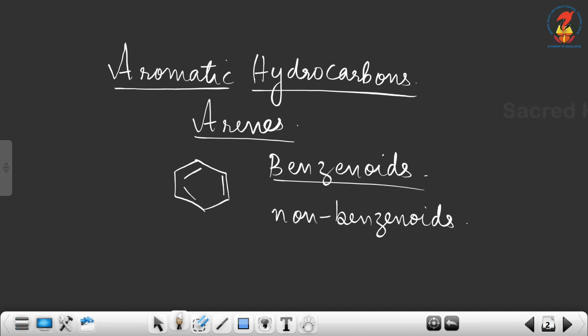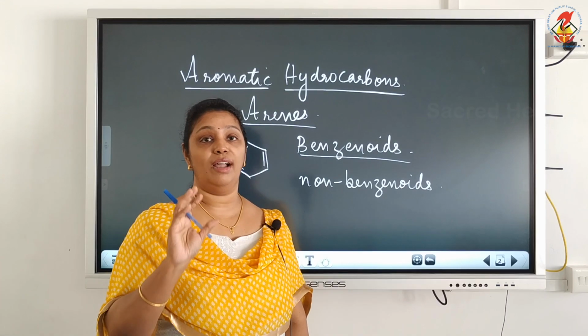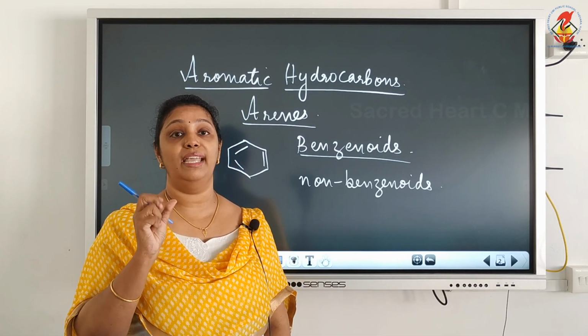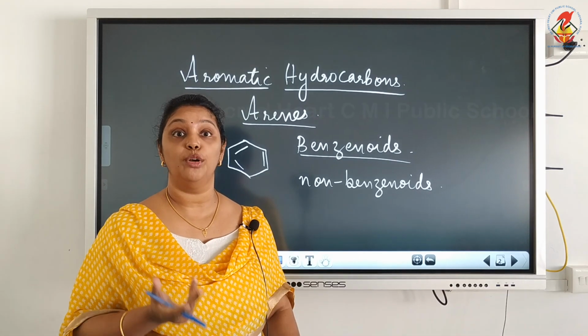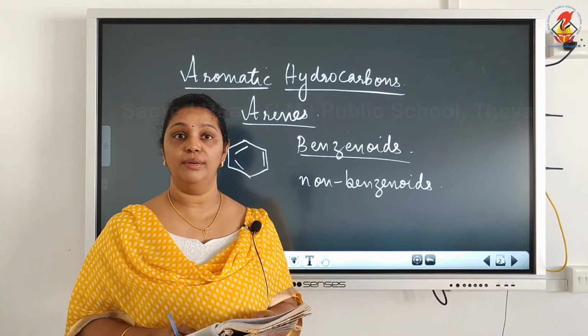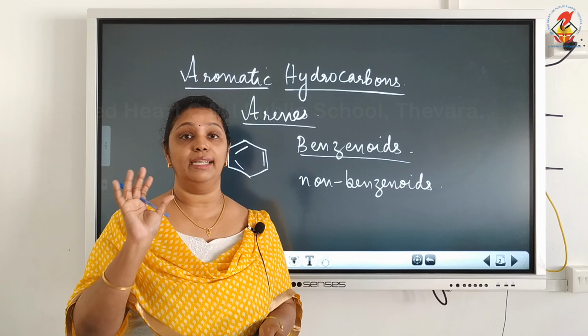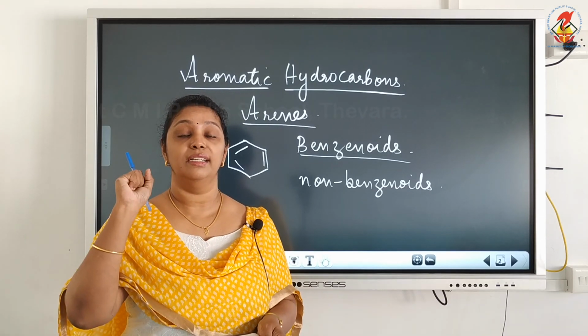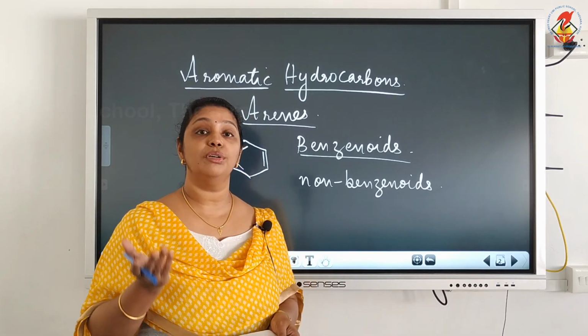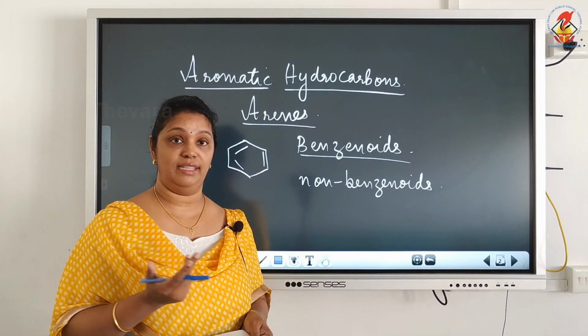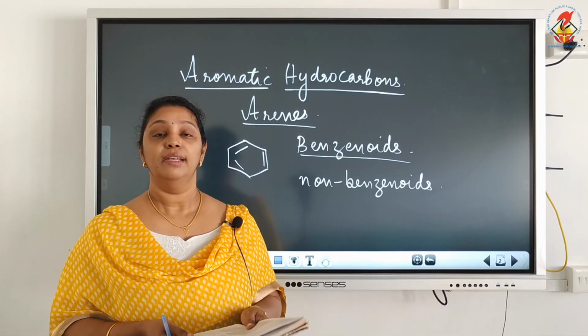And the word aromatic is given because these benzene compounds have a characteristic odor. So, they are given the name aromatic hydrocarbons. Okay, so the term aromatic hydrocarbons can be given to compounds which contain benzene ring, and also we can use the word benzenoids if they contain benzene ring.